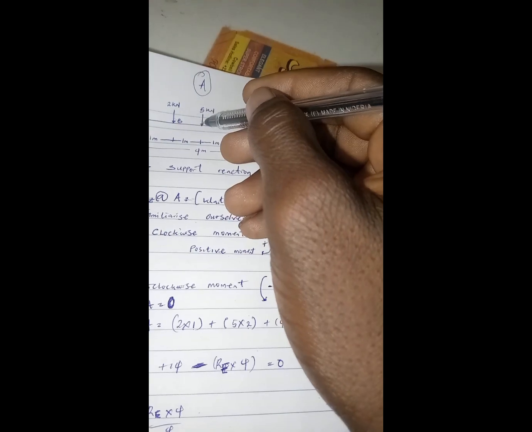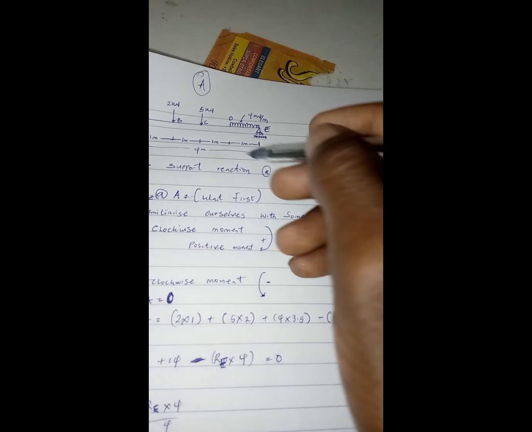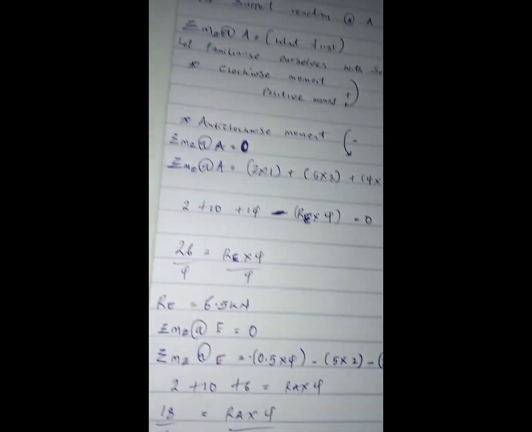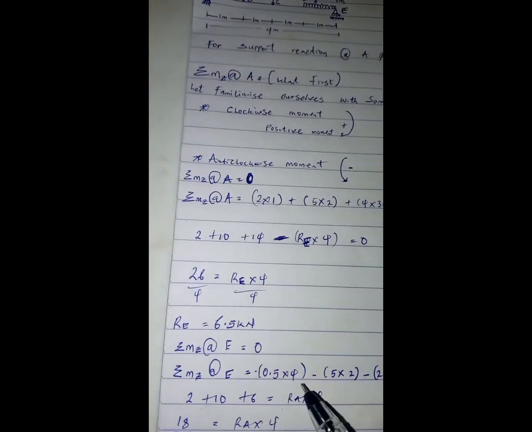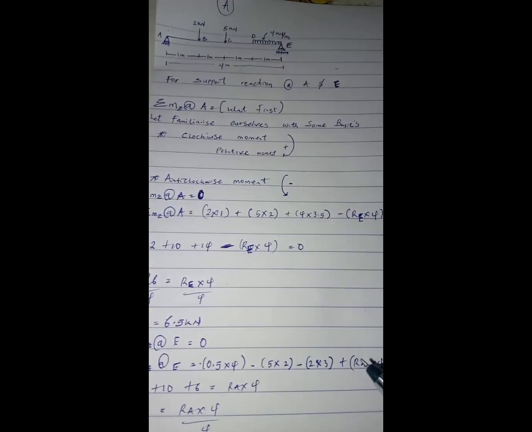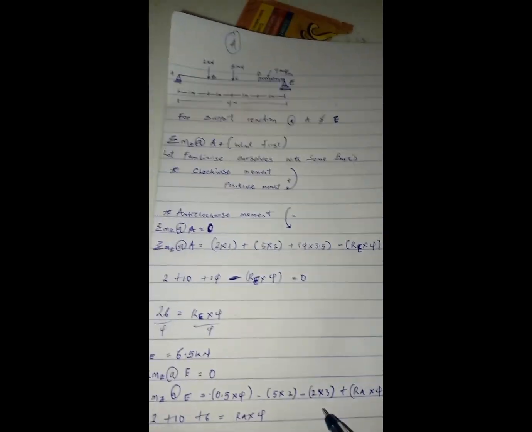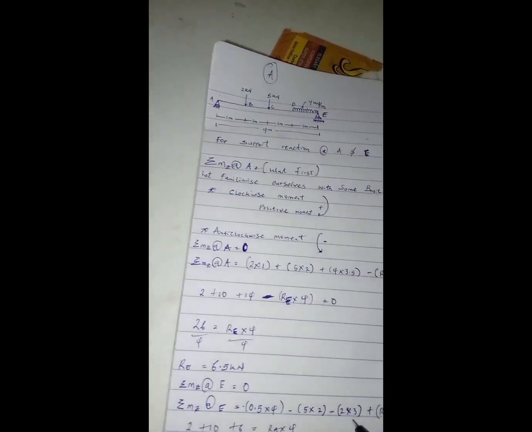We have 5 kilonewton creating a negative moment also at a distance of 2 meters away from point E. So it's 0.5 times 4 minus 5 times 2, because they are creating negative moment. We also see that we have 2 kilonewton at a distance of 3 meters away from point E, causing a negative moment.